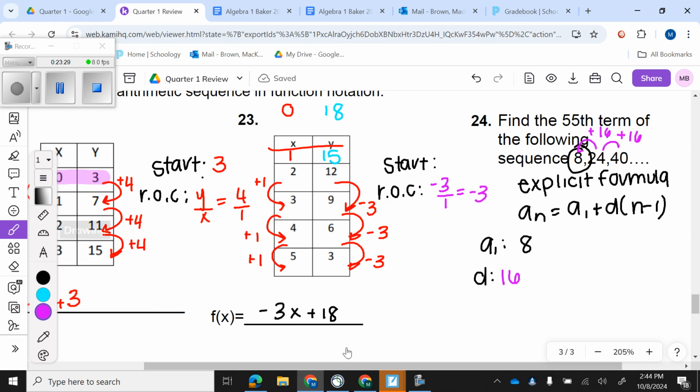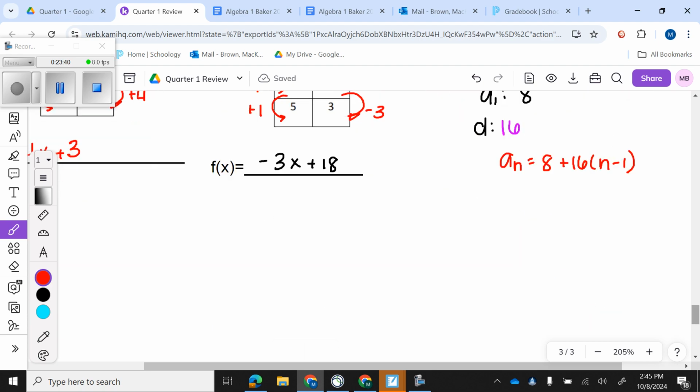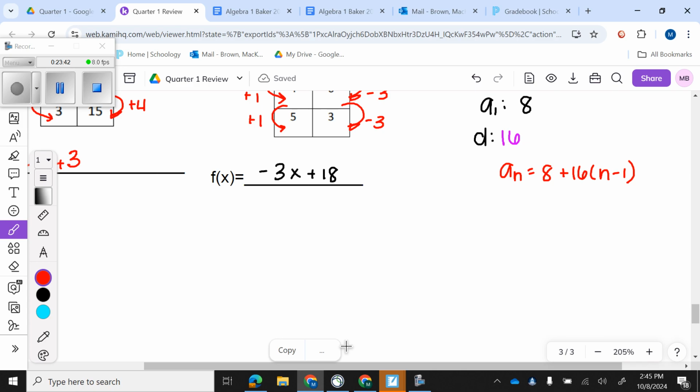All right, so when I write this in the explicit formula, I'm going to have a of n equals 8 plus 16 parentheses n minus 1. If I want to find the 55th term, I'm going to substitute, and I'm going to have 8 plus 16 parentheses 55 minus 1. When you put that in your calculator, you should get 872.